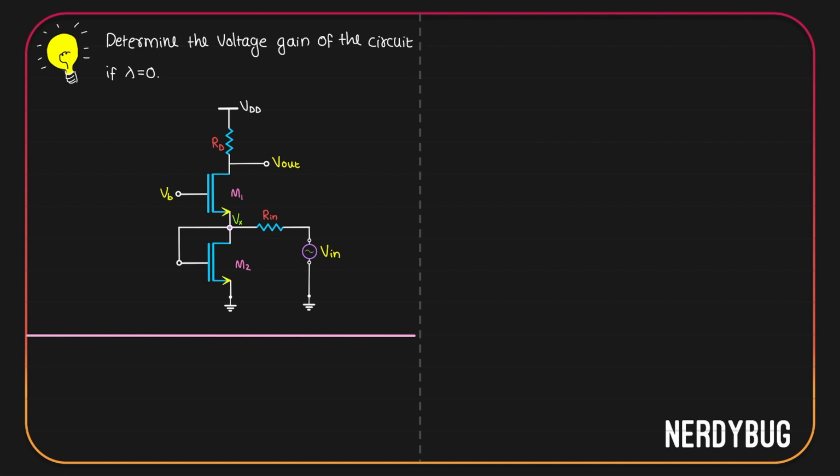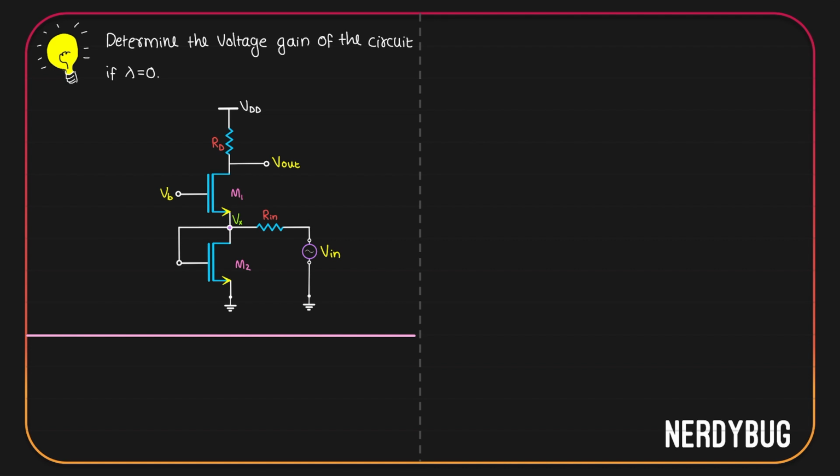You can see that drain and gate of M2 are shorted, which means M2 is a diode connected load, and we already know it can be considered as a resistor whose resistance is 1 by its transconductance. Basically, this much will be modeled as a resistor of resistance 1/gm1, and this much will be modeled as a resistor of resistance 1/gm2.